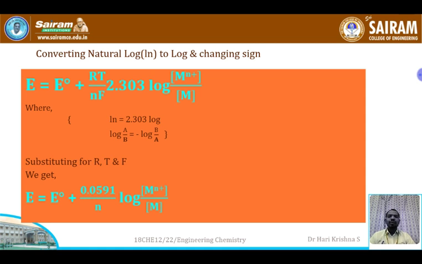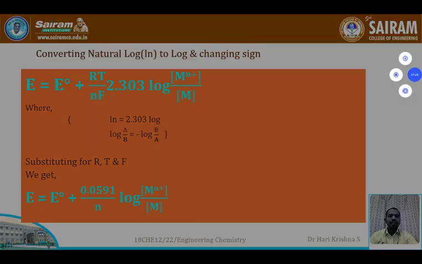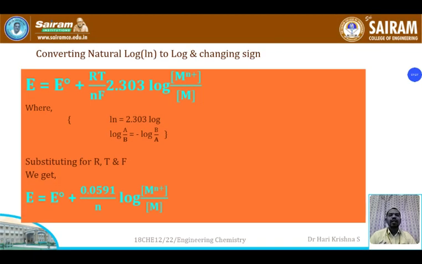Now we are going to substitute for R at a temperature of 25 degrees Celsius. R is the gas constant, and its value is 8.314 joules per kelvin per mole.